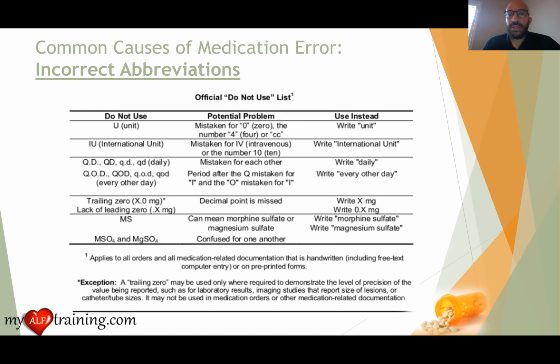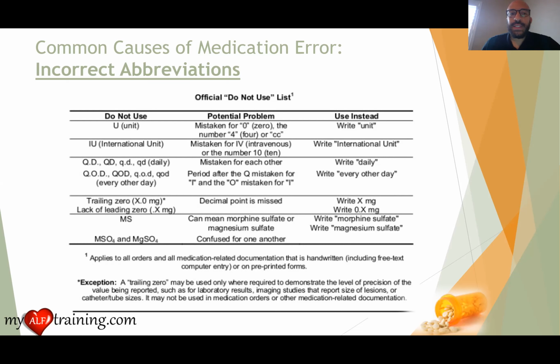Instead, write the word unit out. Do not use IU, international unit. Instead, write those words out. So basically what this slide is showing you is you should see unit and unit.